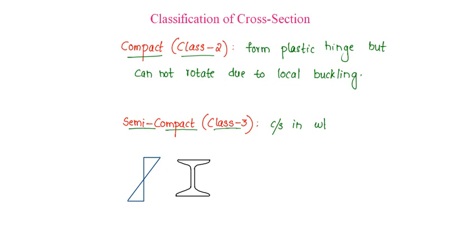Whereas semi-compact sections or class 3 sections are cross sections in which the extreme fibers in compression can reach yield stress, that is Fy.